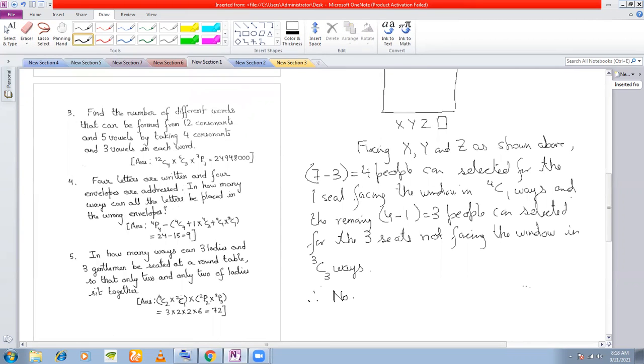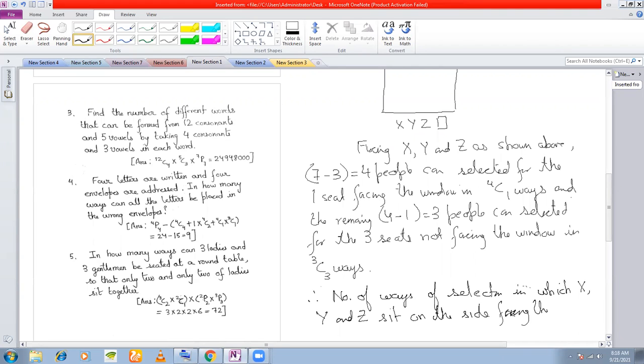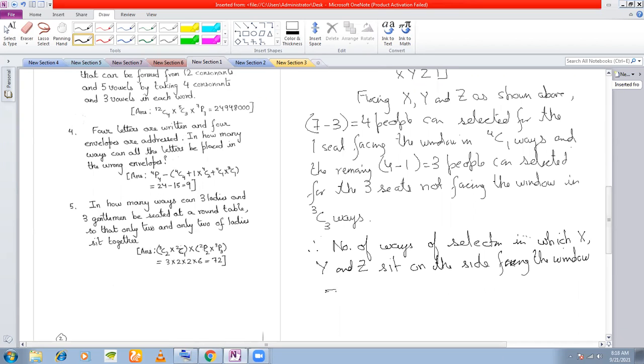Therefore, number of ways of selection in which X, Y, and Z sit on the side facing the window is equal to 4C1 into 3C3. Okay, so that should be number of arrangement.